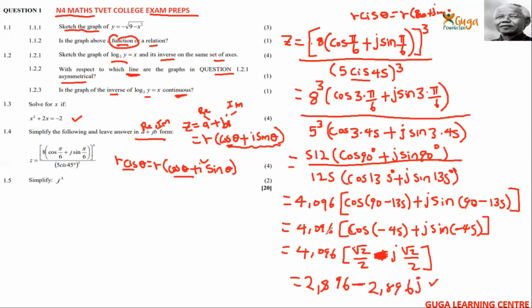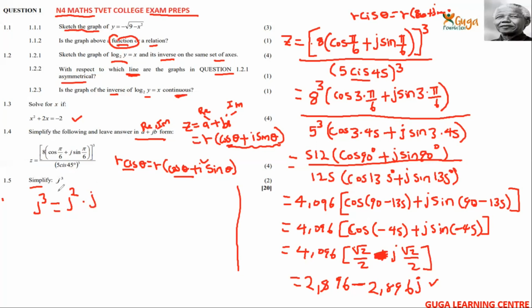We've solved that one. Okay, so here 1.5 is to simplify. For us to simplify this 1.5, it's very simple. So j to the power 3, let me write it properly. j to the power 3 is equal to j to the power 2 multiplied by j, right?